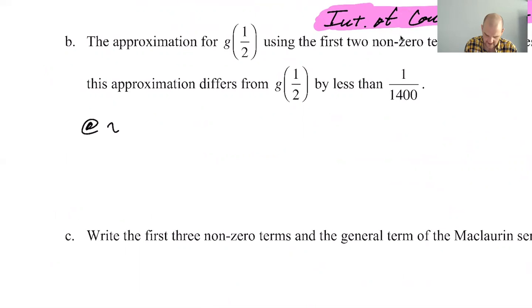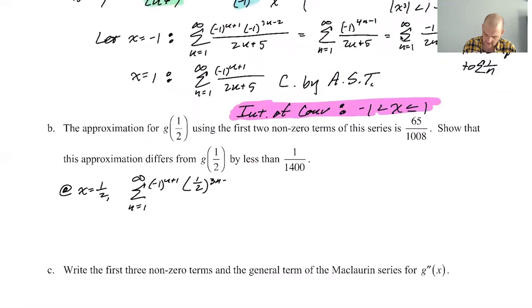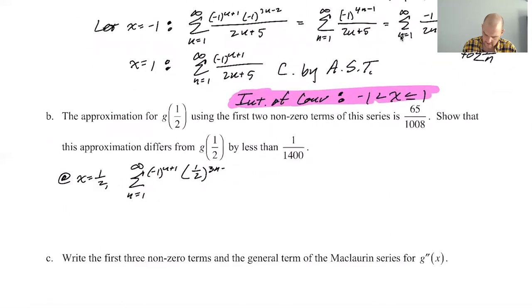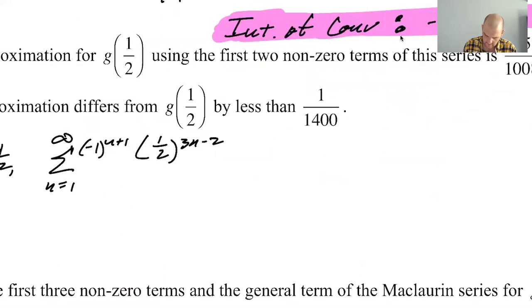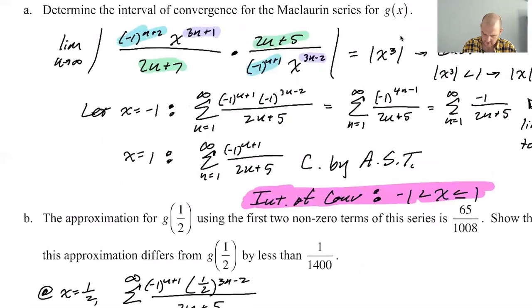I guess at x equals 1/2, the sum of (-1)^(n+1) times 1/2 to the, what was it, 3n minus 2 maybe? Yeah, 3n minus 2 over 2n plus 5, I think, because we got 2n plus 7.